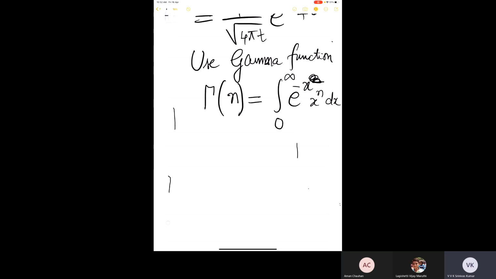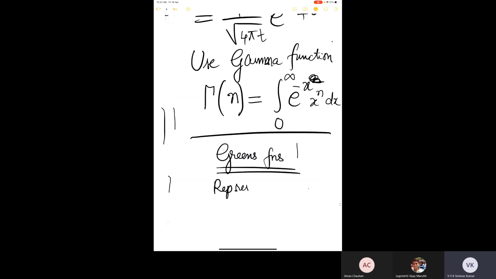So we'll stop here. This completes the heat equation. What is left now is Green's functions. The last topic is Green's function. These are also representation formulas in the case of Laplace.